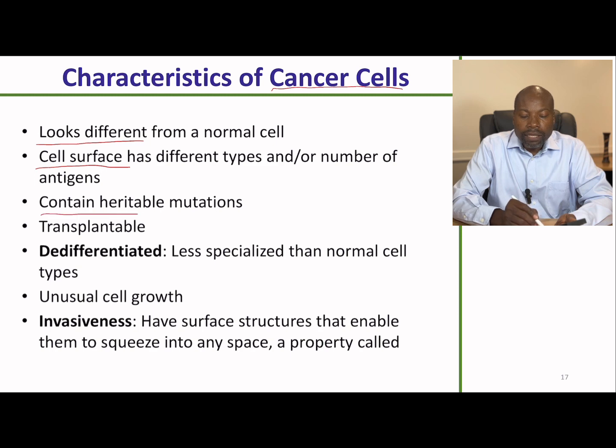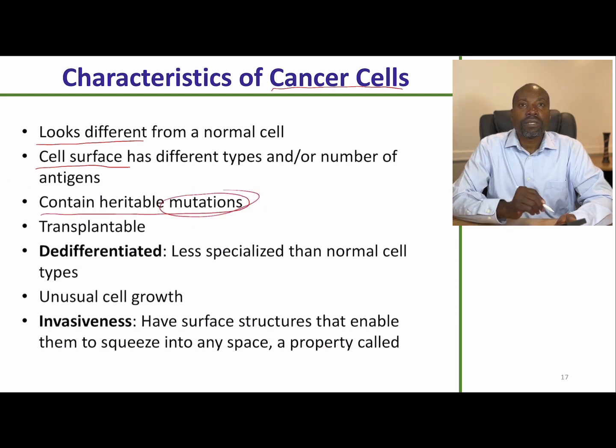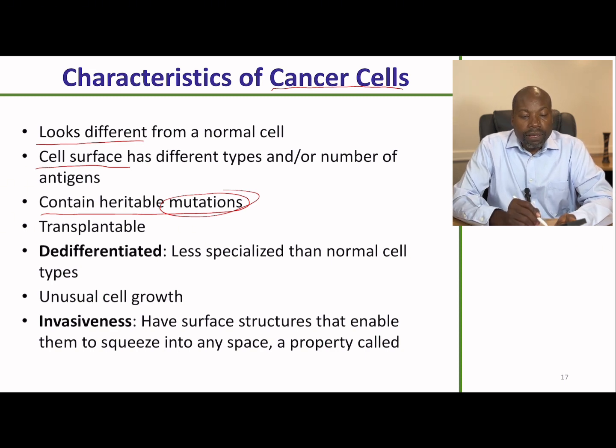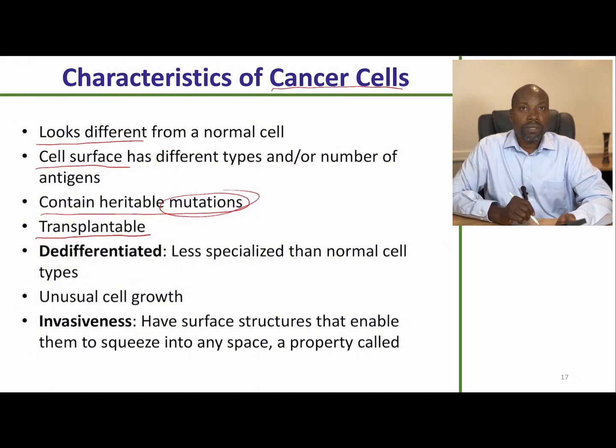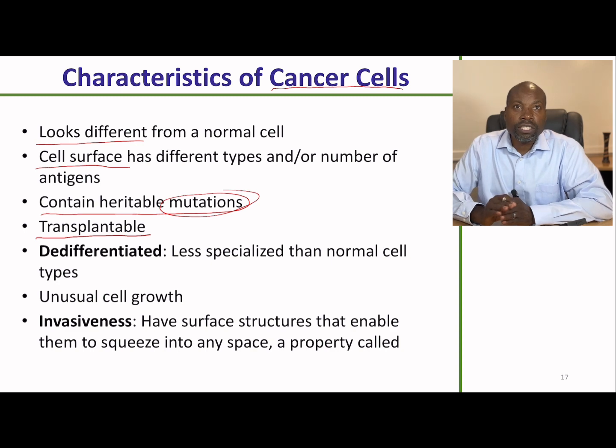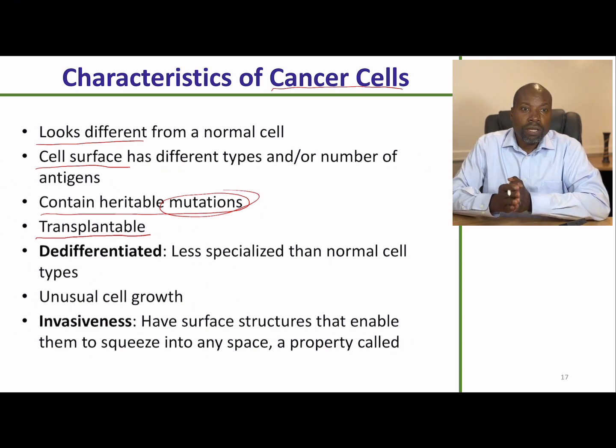They contain mutations, right? Mutations that can be passed down or not, it depends, okay? The cells can actually move from one place to another. They can transplant because they can go in circulation through the lymphatic vessels or through the blood vessels.